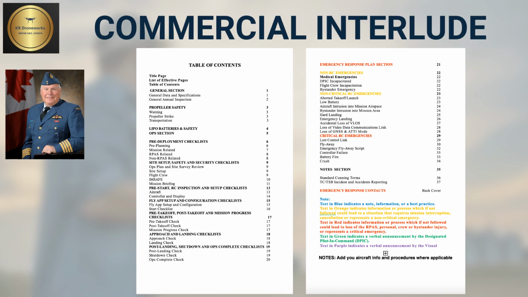As you can see from this table of contents, there is a lot of information that you will have right at your fingertips. Each checklist is available in PDF format which can be downloaded onto phones, tablets and, if you prefer, also downloaded into drone apps that can accept PDF files. These checklists can also be printed. It should be noted that Transport Canada recommends that pilots have a printed hard copy available in case of an electronics failure.